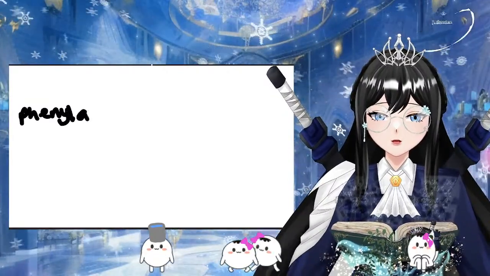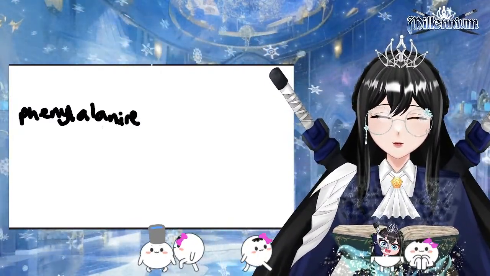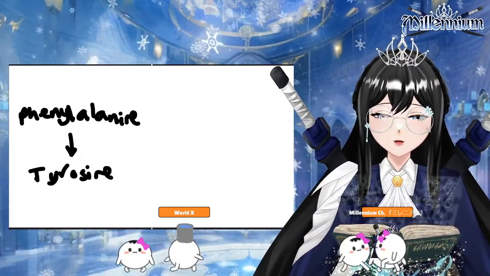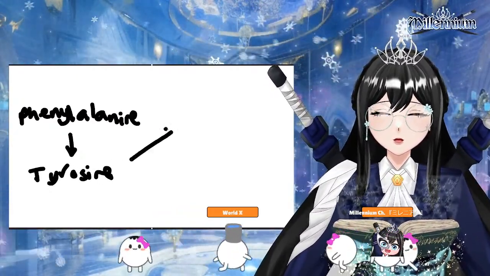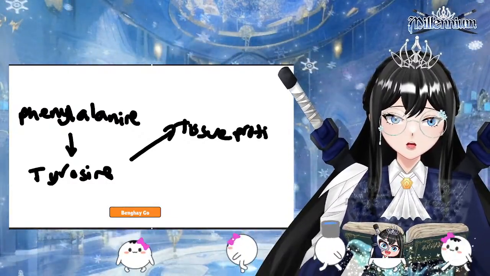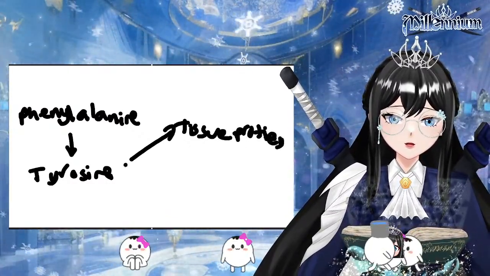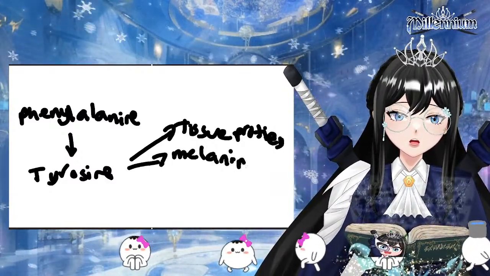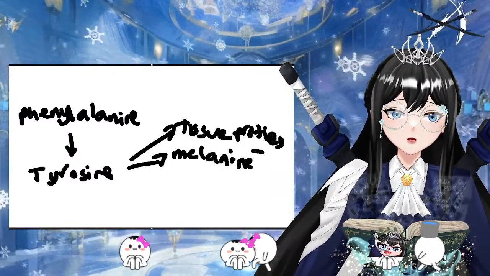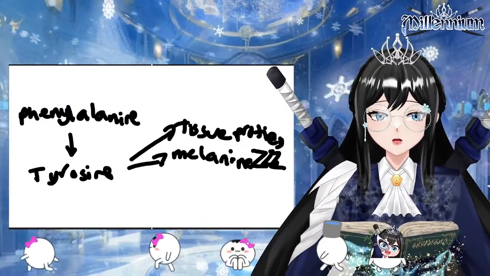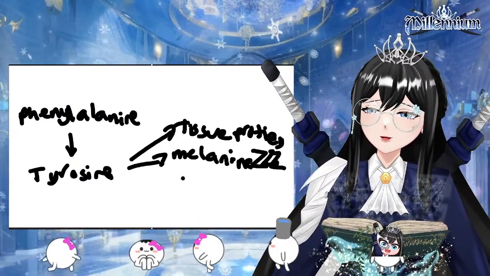And then it ends up being tyrosine. This one is crucial because at some point it becomes tissue protein. And then there's another one. It becomes melanin at some point. And guess what? That's the same thing people tell you you need to sleep. Melatonin. Oh nope, never mind. That's a different one.